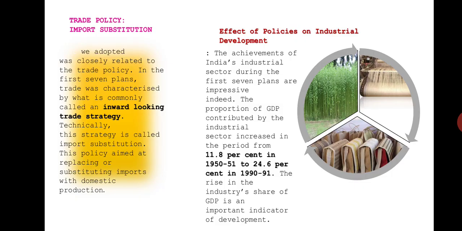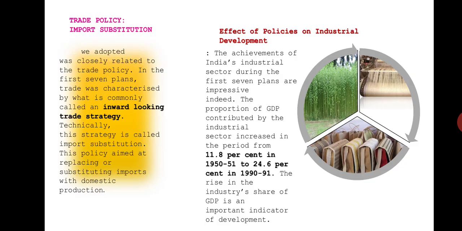Now the trade policy. Regarding trade policy, we introduced the import substitution policy, that is an inward looking trade strategy. Import substitution refers to the policy of replacement or substitution of imports by domestic production.